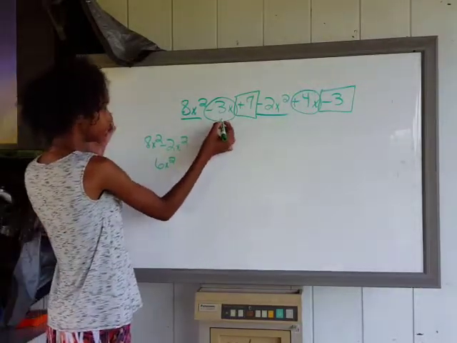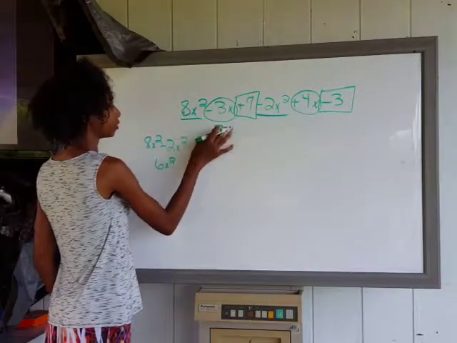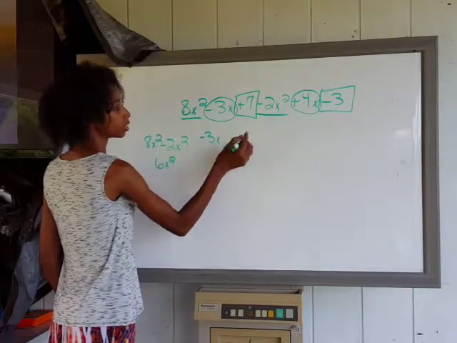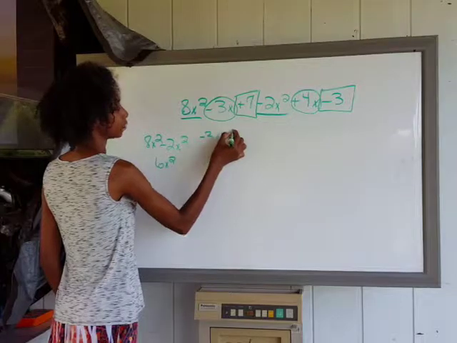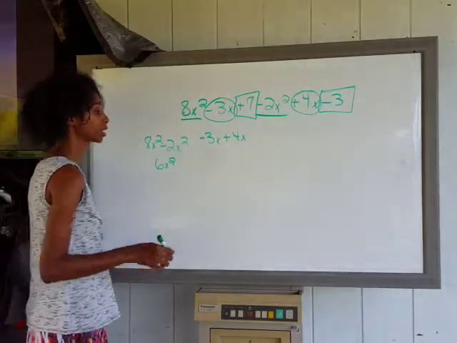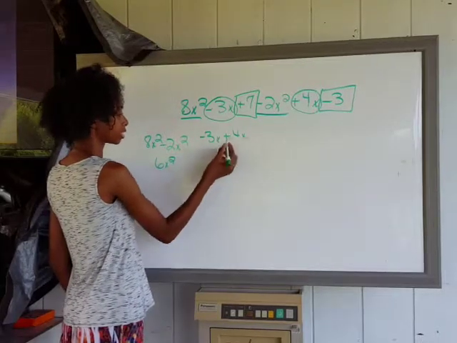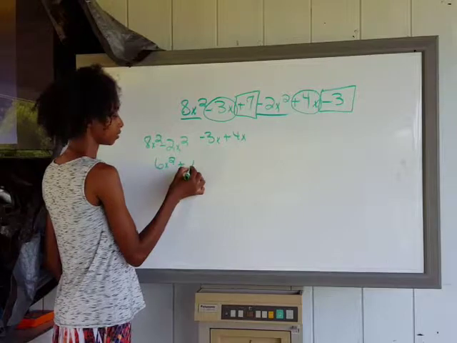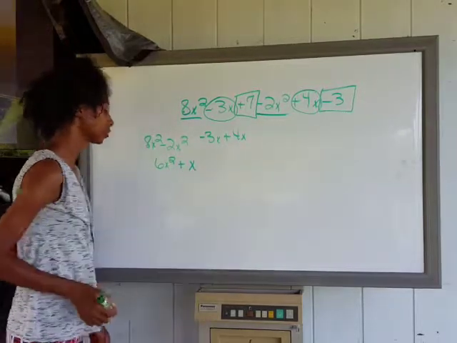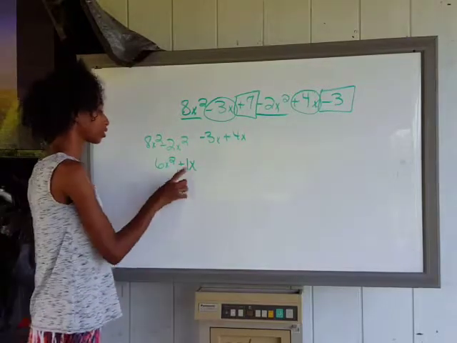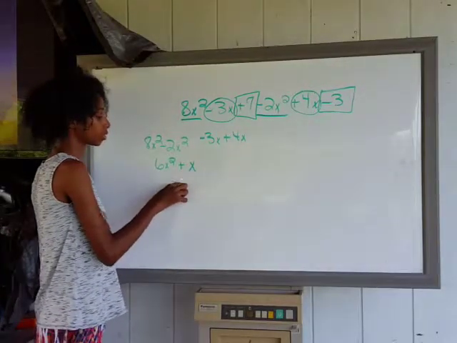Then we have a negative 3x and a positive 4x, which reads as negative 3x plus 4x. So that's going to leave us with a positive 1x or just x. Anytime you see a variable by itself like this, it's the same as a 1 being in front of it, but you don't have to write the 1.